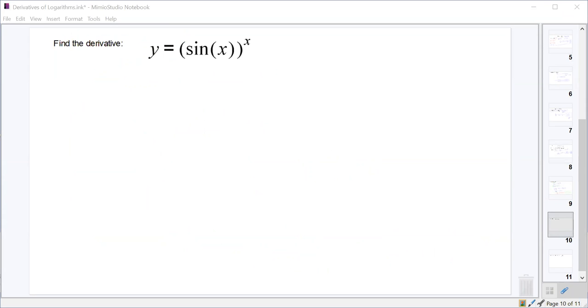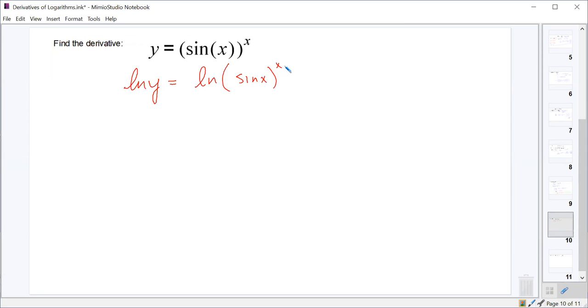We've got a function, sine x, being raised to a variable power, sine x to the x. So we have to do what to both sides? Take the natural log. And when we take the natural log of both sides of something to take the derivative, we call this logarithmic differentiation. So we're going to get natural log of y equals natural log of sine x to the x.